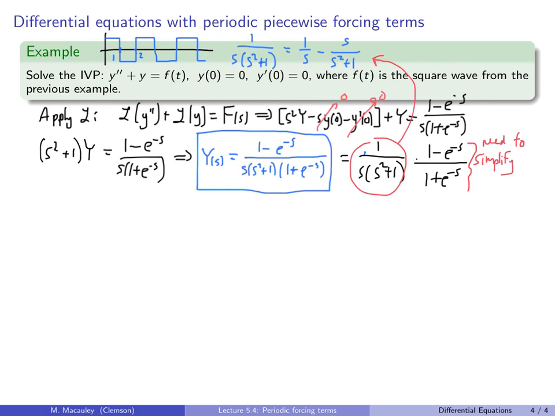Okay, so how do we simplify this? There's a little bit of algebra tricks in here. Nothing too bad. So let's write it out down here. 1 minus e to the minus s over 1 plus e to the minus s. I'm going to write that as minus 1 plus e to the minus s over 1 plus e to the minus s, and then I'm going to add 2 over 1 plus e to the minus s.